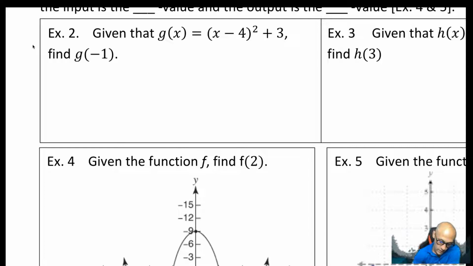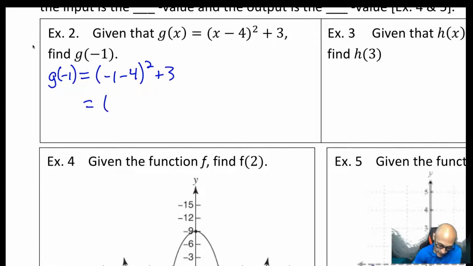of negative 1. So g of negative 1 is equal to the quantity negative 1. Now I don't have to put this one in parentheses like I did above, because I'm just subtracting 4 from it. There's no multiplication or division or anything like that. Negative 1 minus 4, that quantity is squared plus 3.